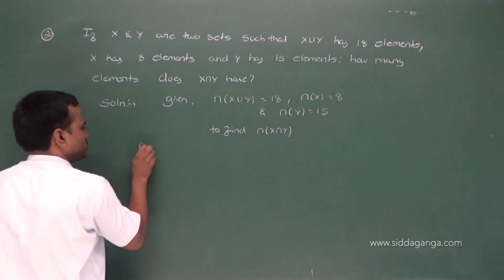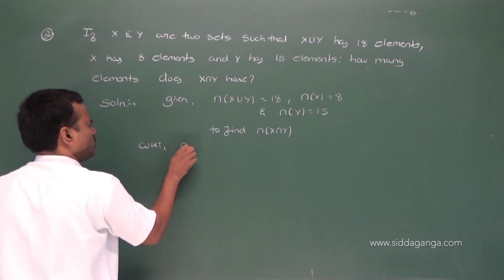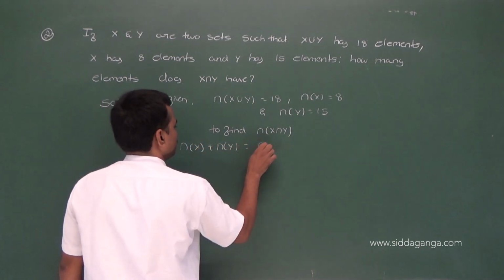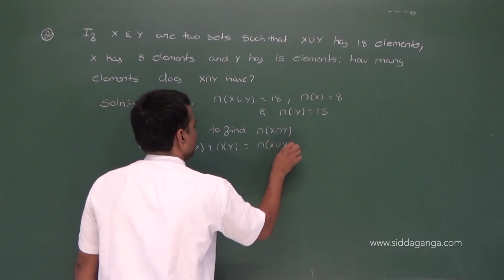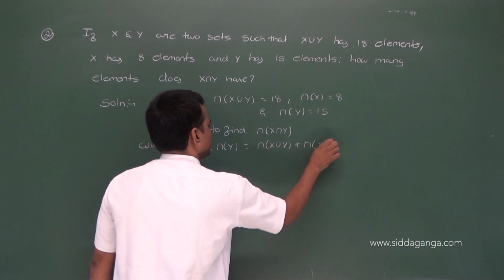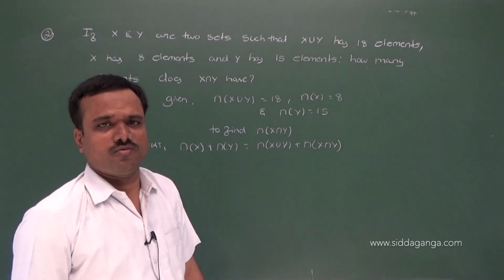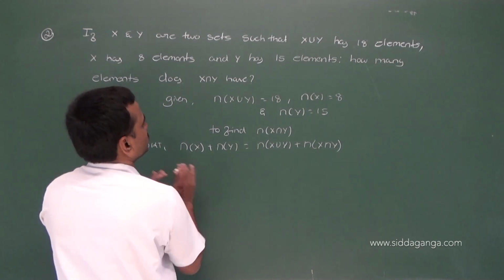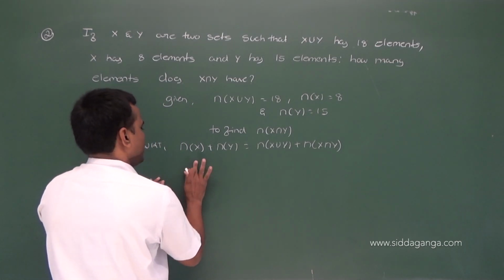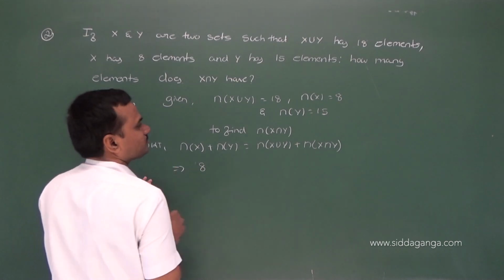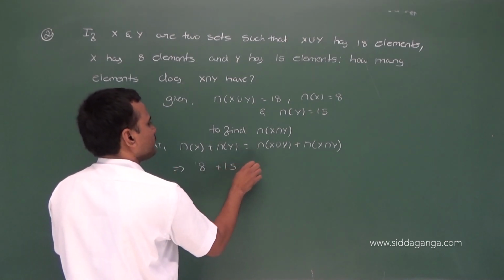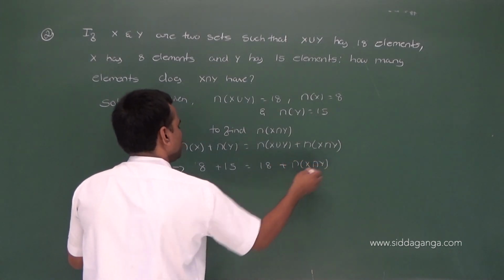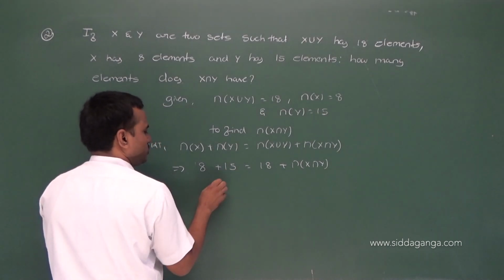Okay, we know that n of X plus n of Y is equal to n of X union Y plus n of X intersection Y. Substitute all the values: 8 plus 15 is equal to 18 plus n of X intersection Y. 15 plus 8 is how much? 23, correct?